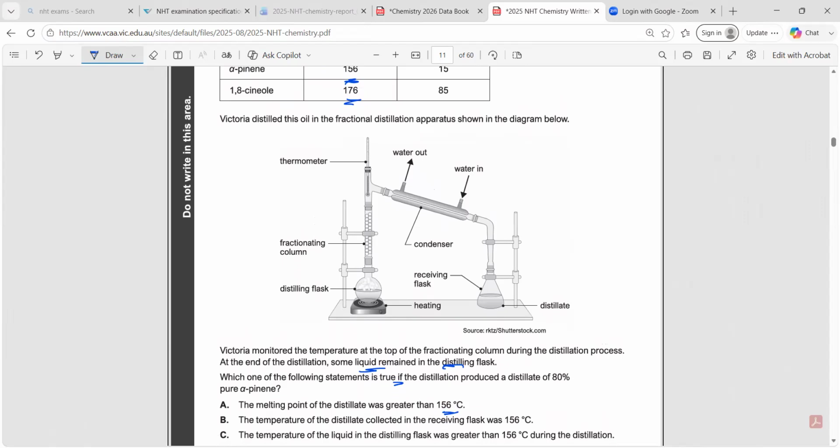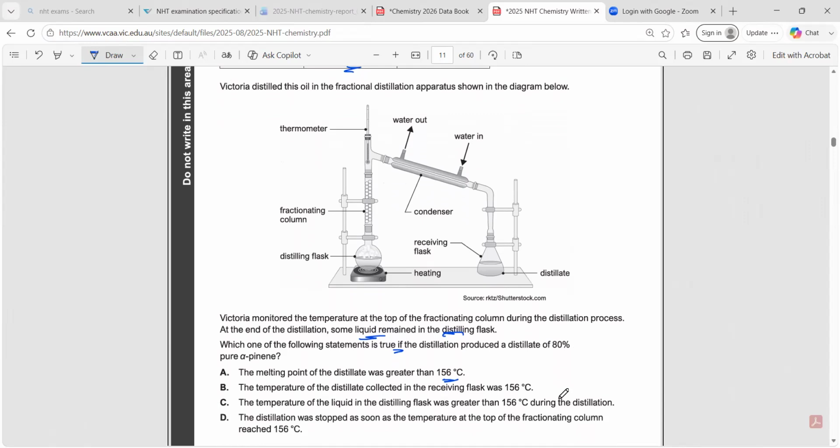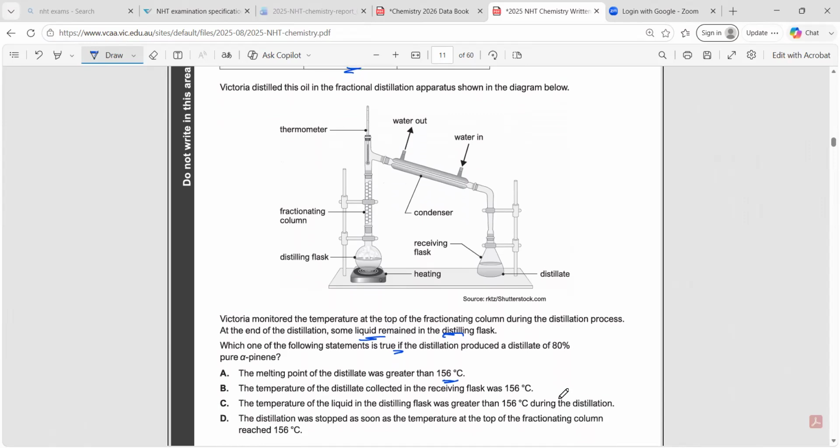Not necessarily. We've got a pretty high percentage composition of pure a-pinene, right? So it doesn't necessarily mean that it's higher than 156 degrees Celsius. The temperature of the distillate collected in the receiving flask was 156 degrees Celsius, not necessarily as well, right?